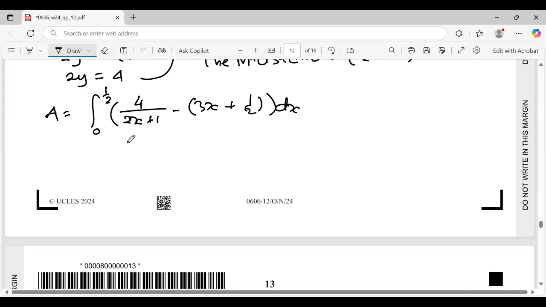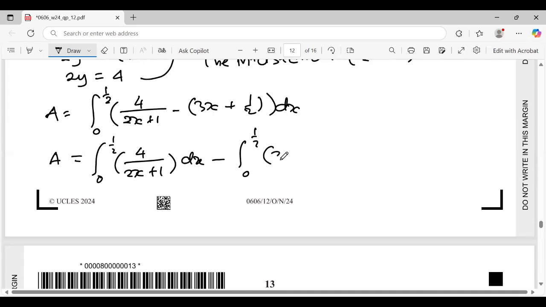Now I would like to find it one by one. I separate this integral: the integral from 0 to 1 half of 4 over 2x plus 1 dx, plus the integral from 0 to 1 half of 3x plus 1 half dx.